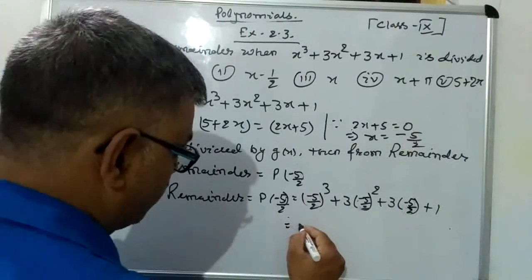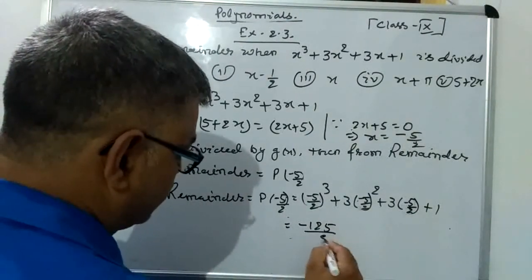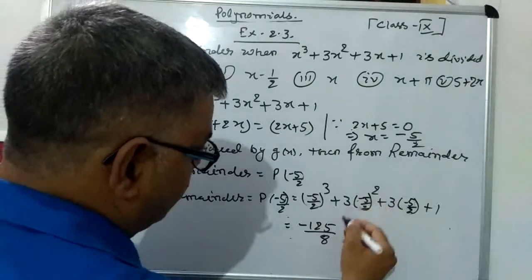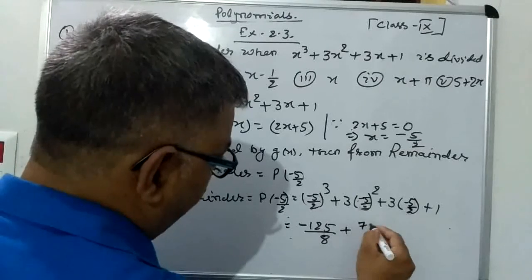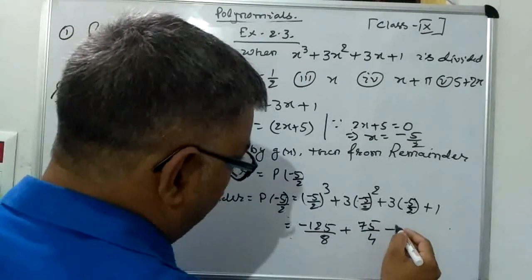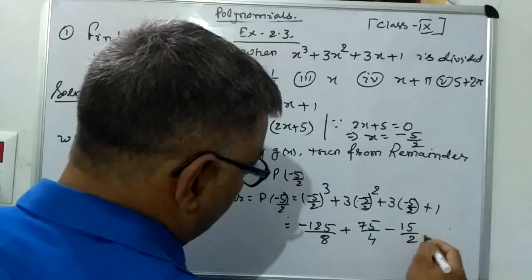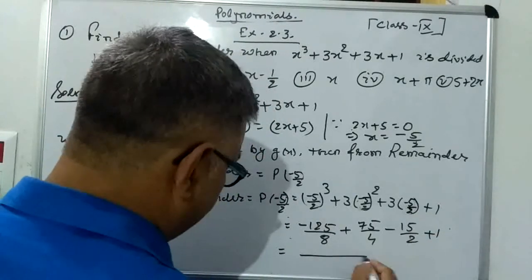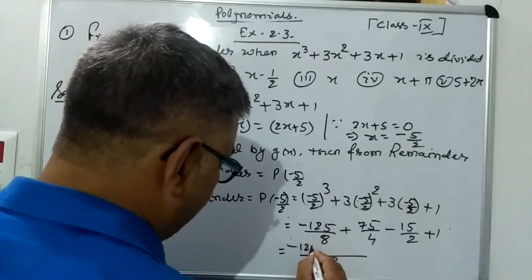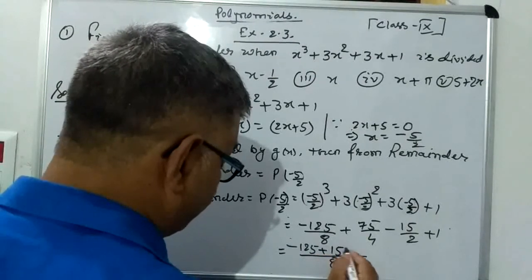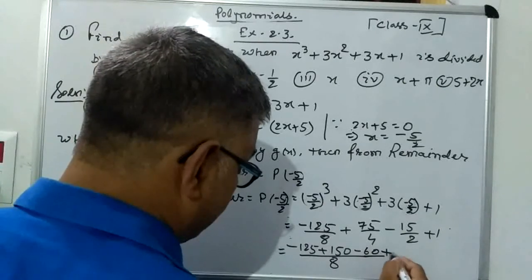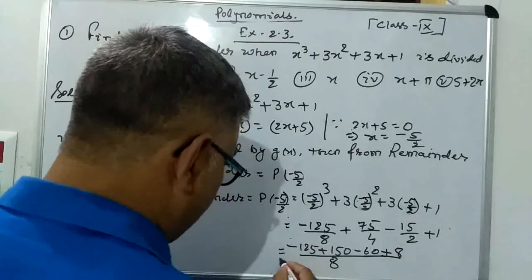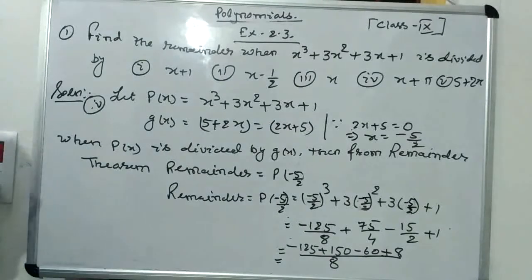We have minus 125/8, and it will be 25 plus 3 into 3, that is 75/4, minus 15/2 plus 1. So taking the LCM, it will be minus 125 plus 150 minus 15/4 is 60 plus 8, and by adding and subtracting, you will get the remainder of this question.